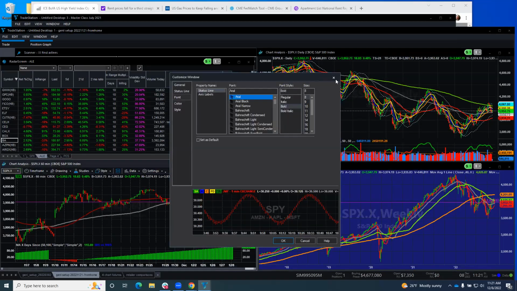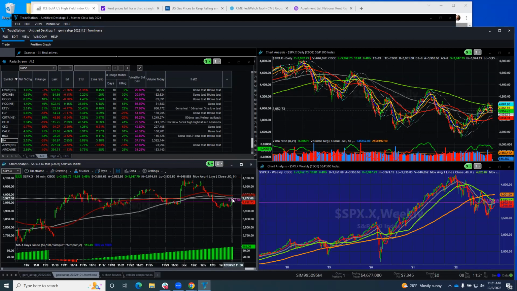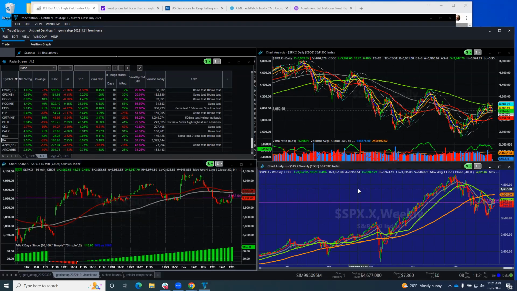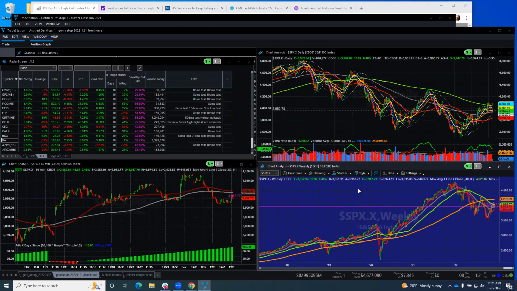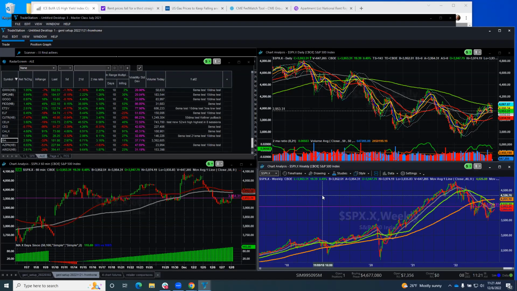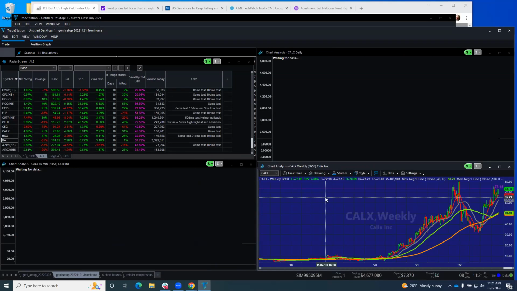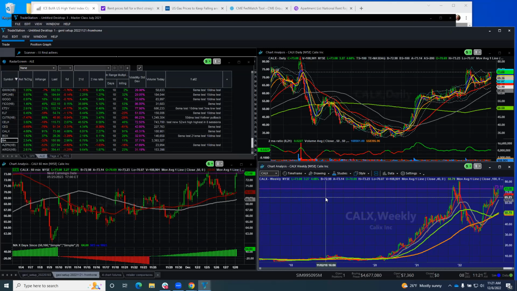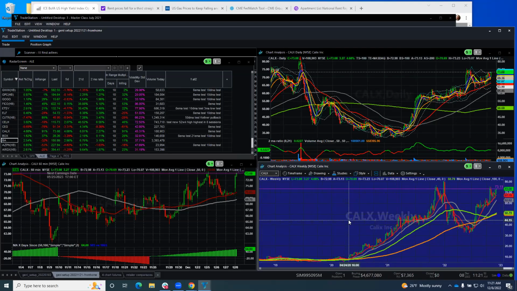They're all linked together, so if I look at a stock, I can quickly see everything in one view. I found that I was making mistakes sometimes by not looking at the weekly. I would just look at the daily, and then I'd be like, oh, wow, I missed something. Forcing myself to look at the weekly has helped me.